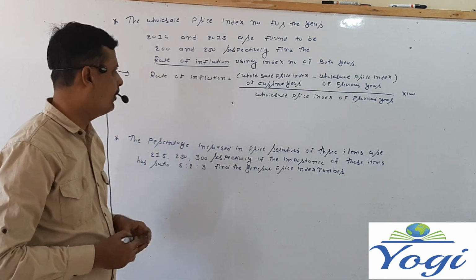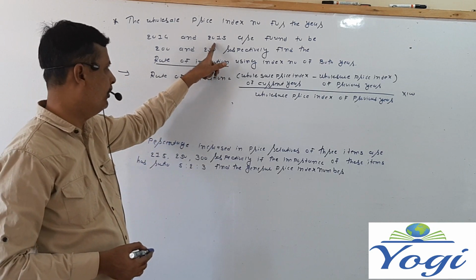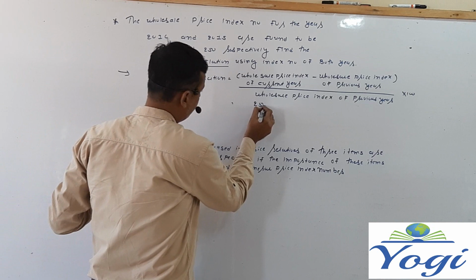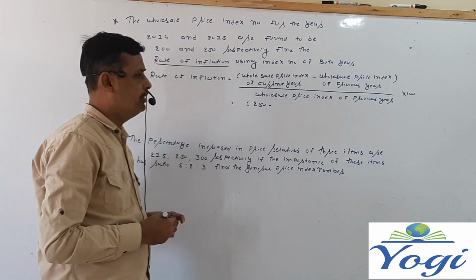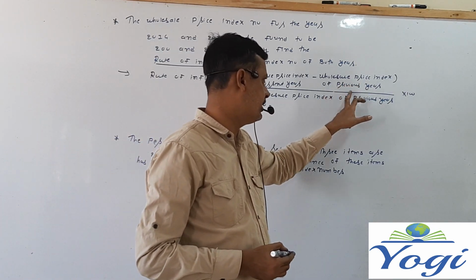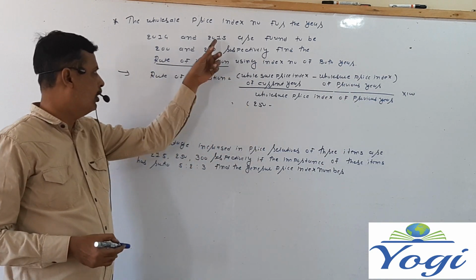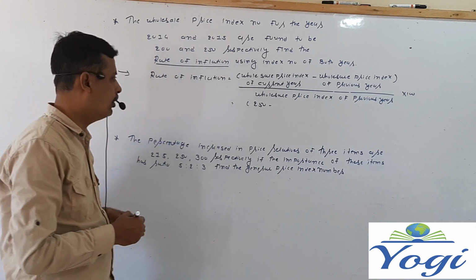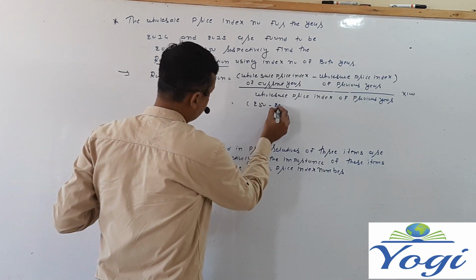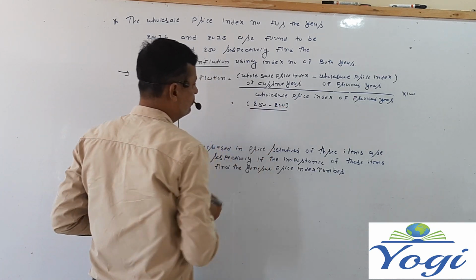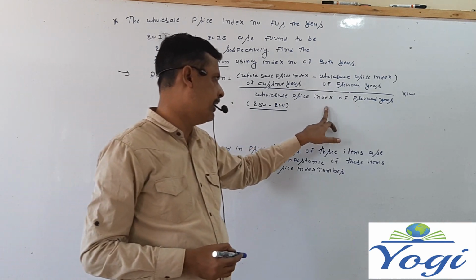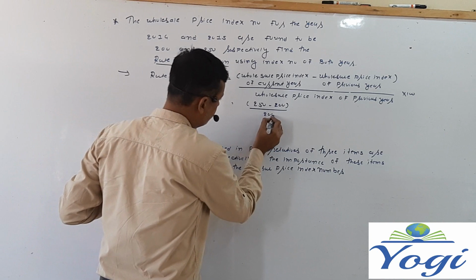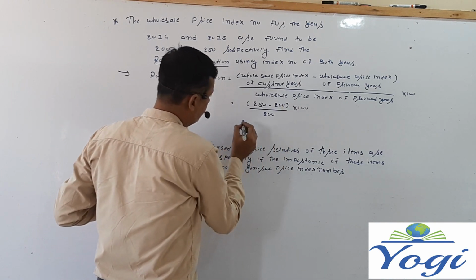Wholesale price index of current year is 250, minus wholesale price index of previous year, 2015, previous year is 2014, index is 200, upon wholesale price index of previous year, that is 200, into 100.